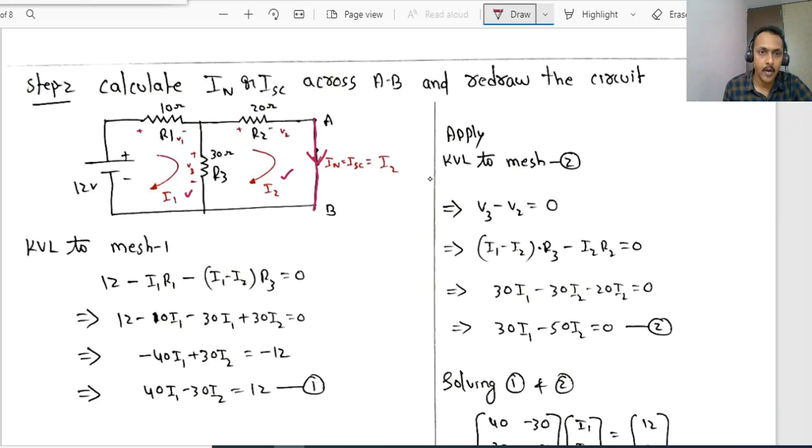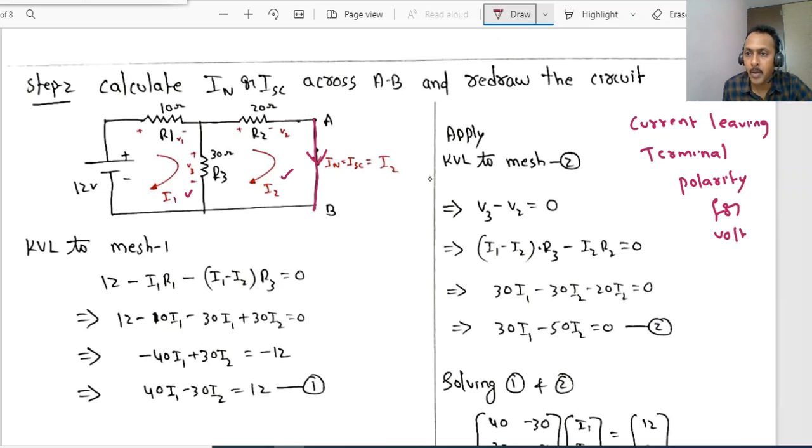Clear? Now KVL for mesh, we are considering the current leaving terminal polarity for voltage.